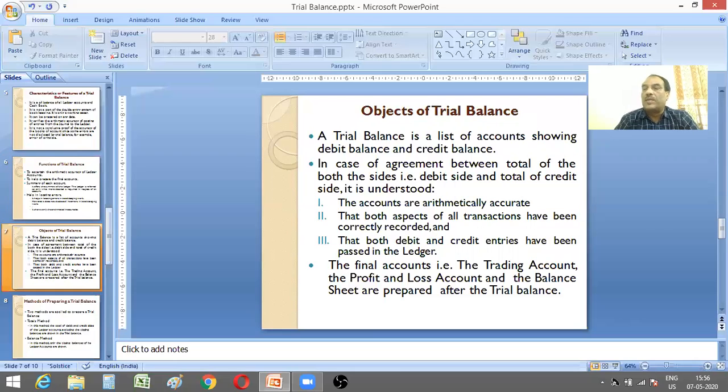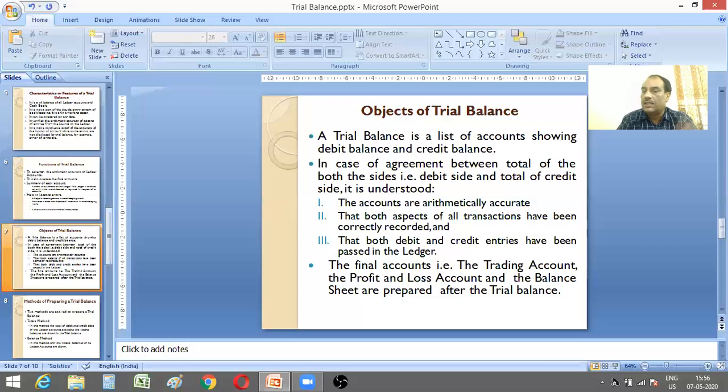In case of agreement between the total of both sides, that is the debit side and the credit side, it is understood that the accounts are arithmetically accurate. If there is no difference, both totals match, then we will say that there is no error, the accounts are arithmetically accurate, and that both aspects of all transactions have been correctly recorded.